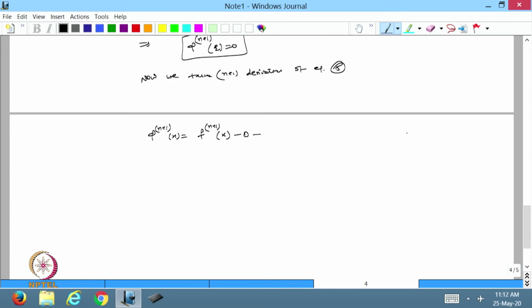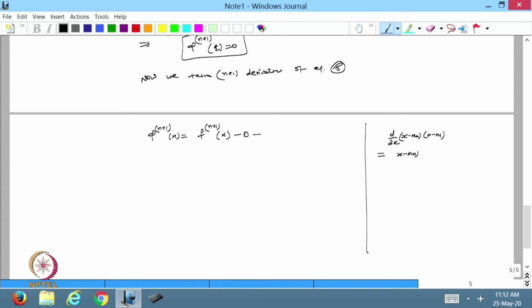You can verify that by taking two factors. Suppose I have a factor like (x - x0)(x - x1), and I take the derivative. I will apply the product rule: first function's derivative times the second, plus the first times the derivative of the second, giving 2x - x0 - x1. This is the quadratic polynomial, and I am taking the first derivative.